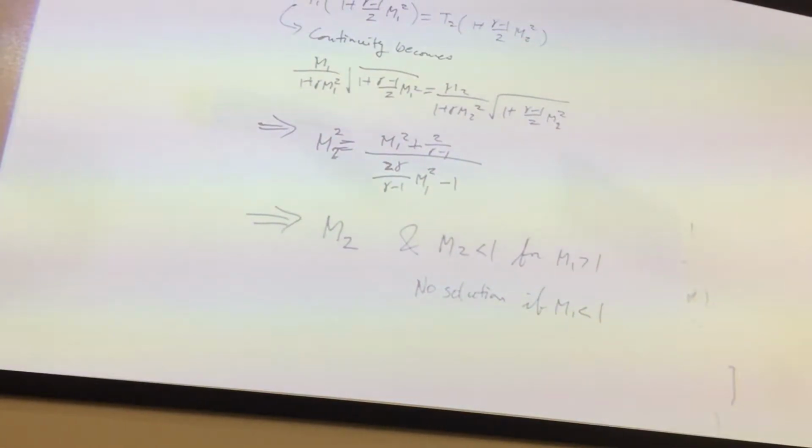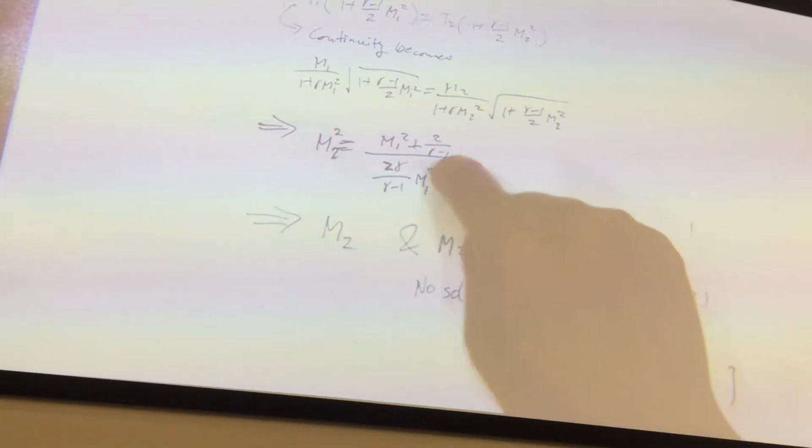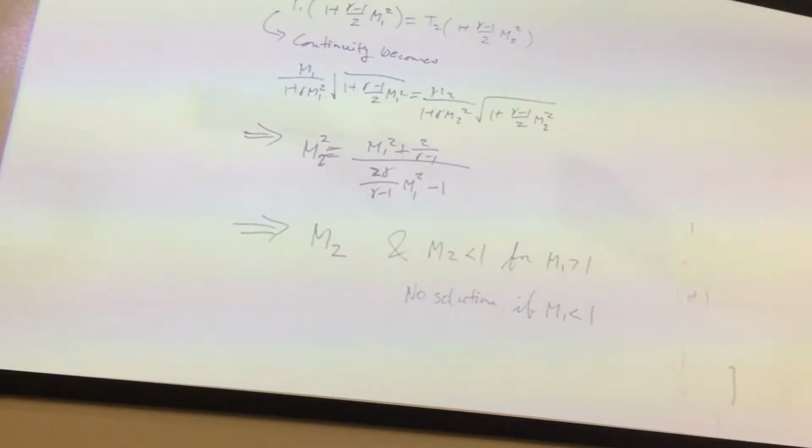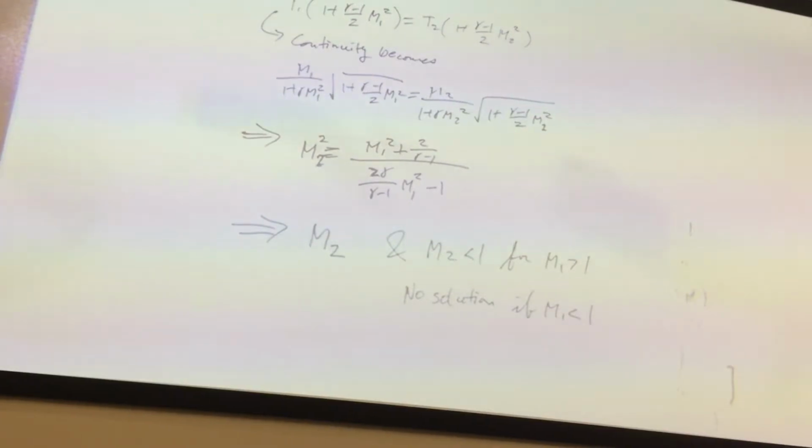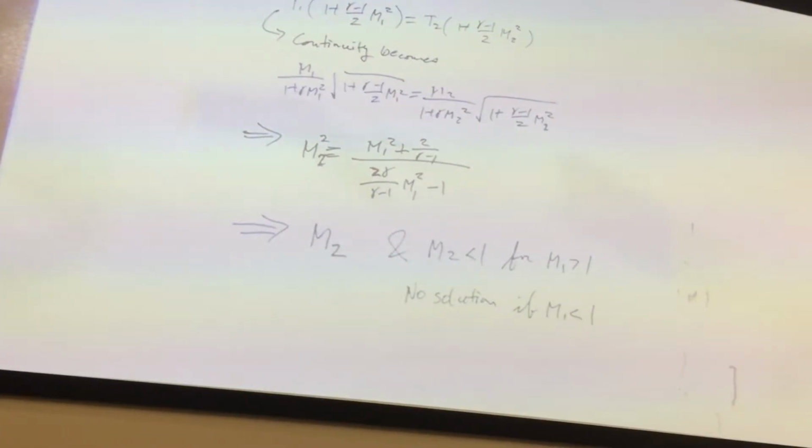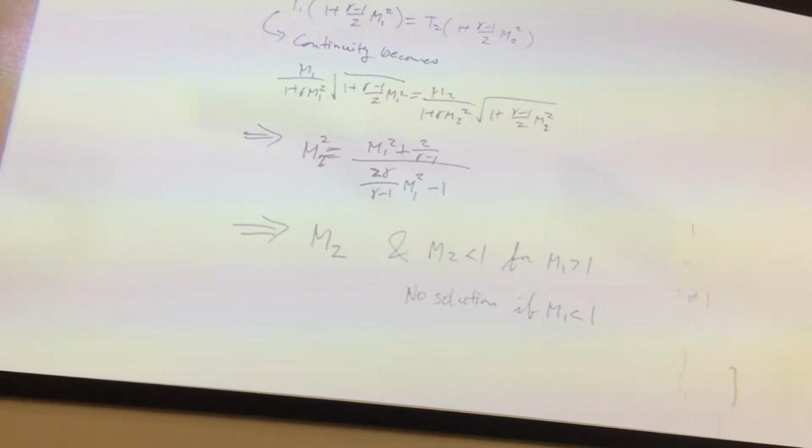We have used conservation of mass, conservation of momentum, and conservation of energy to come up with this equation here. It shows you that if, let's say, in a flow somewhere you arbitrarily draw a line, and you ask, if I know M1, would I know M2?